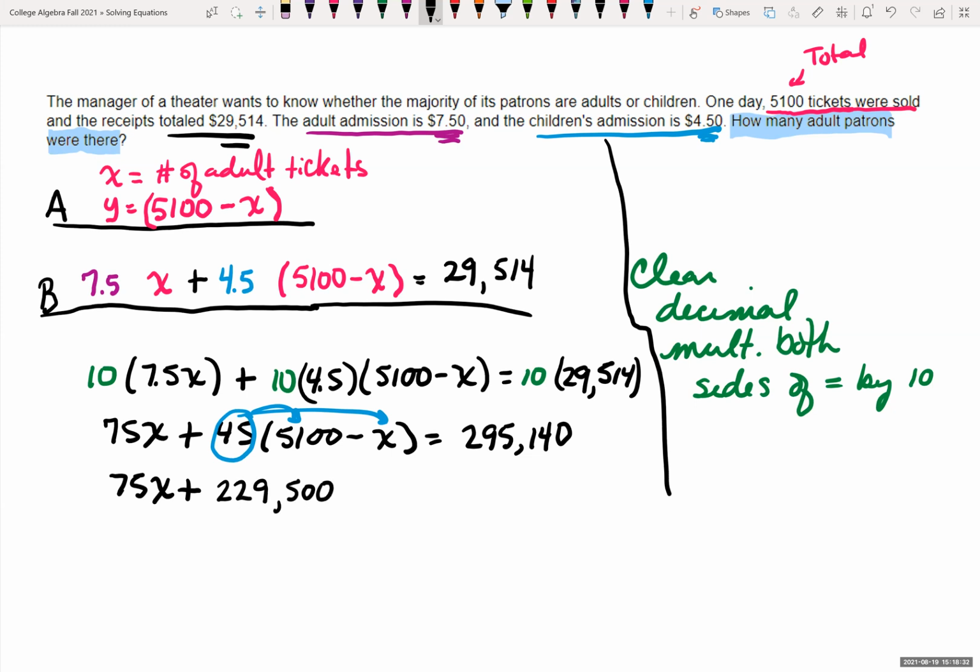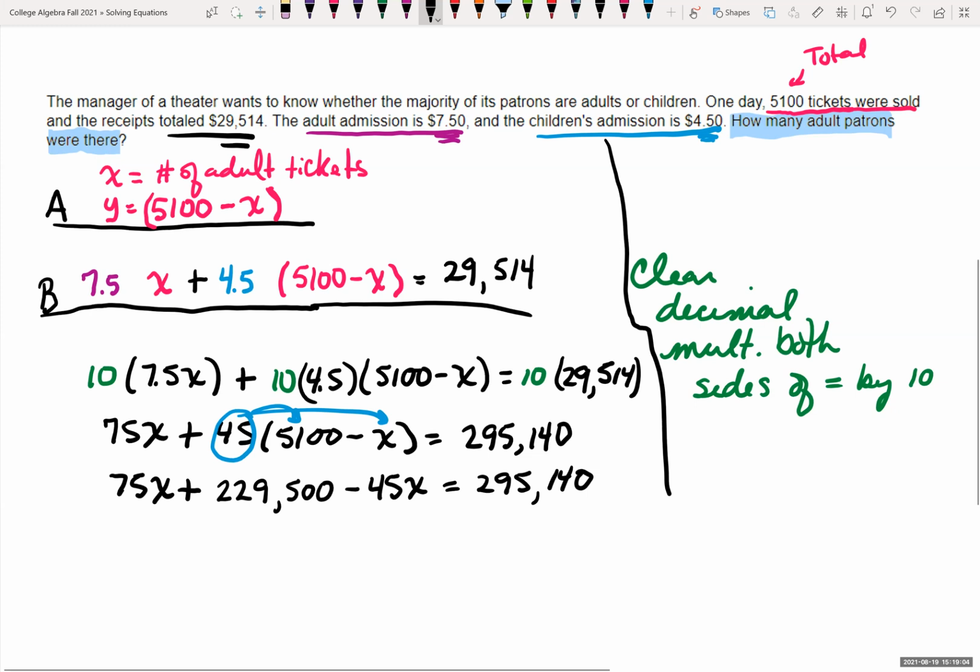I would probably make it so the numbers fell out much easier than this, because I don't want you to spend so much time on arithmetic and instead show me how to do the algebra. Okay, so 45 times 5,100 is 229,500 minus 45X equals 295,140.